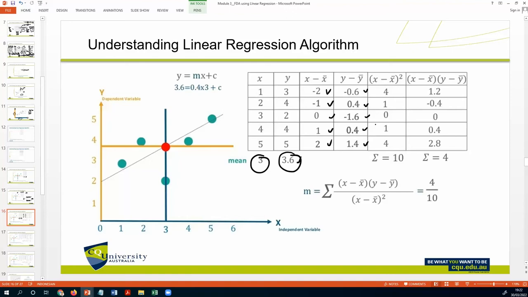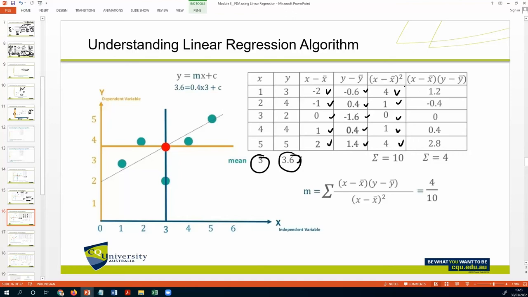Okay, this is the variance: X minus X mean to the power of 2. X minus 3 is minus 2, to the power of 2 is 4. Then 1, 0, 1, 4. What is the covariance?